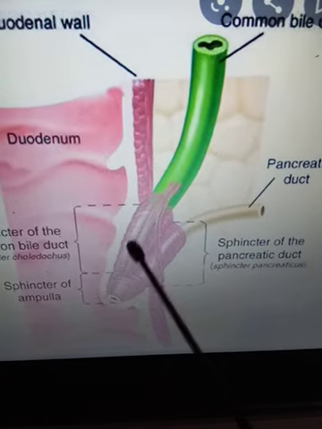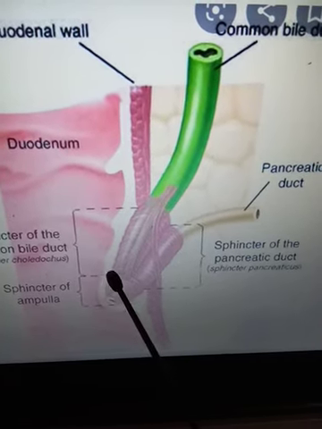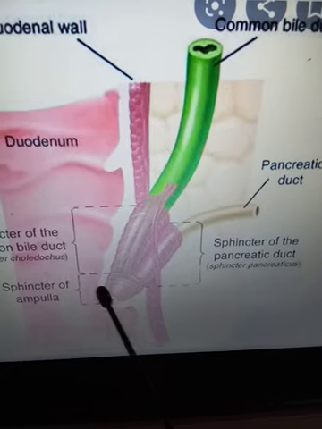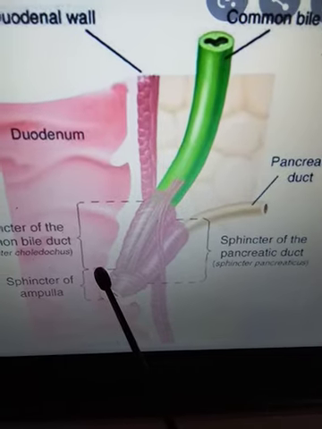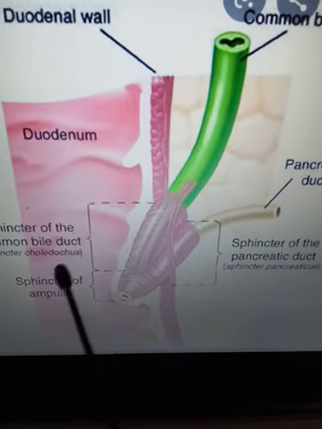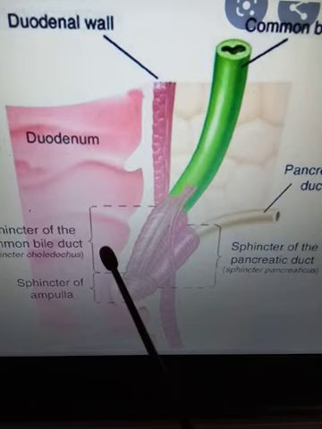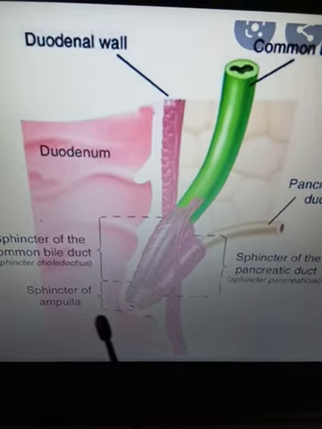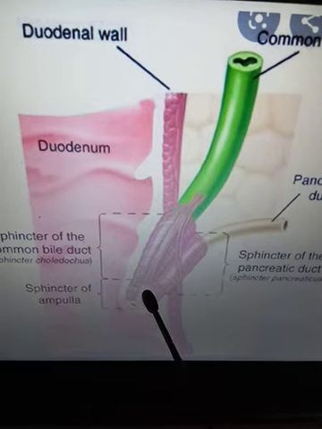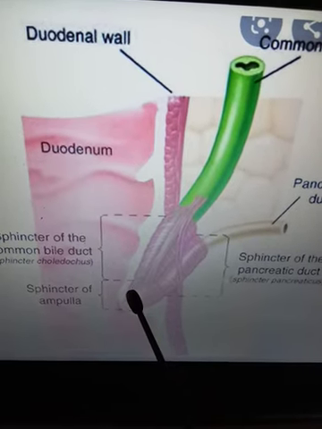When these two ducts meet, they have a sphincter called the sphincter of the ampulla, which opens into the second part of the duodenum, 10 centimeters from the pylorus. That sphincter is called the sphincter of ampulla or sphincter of Oddi.